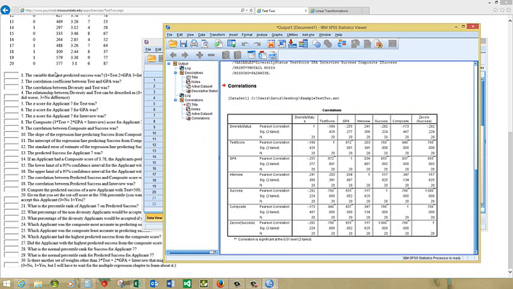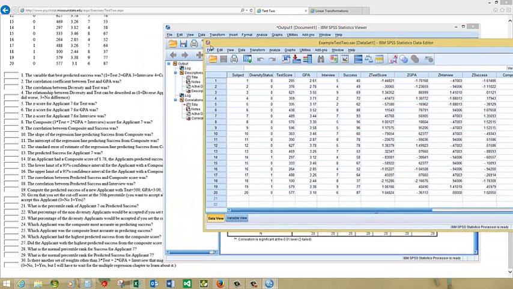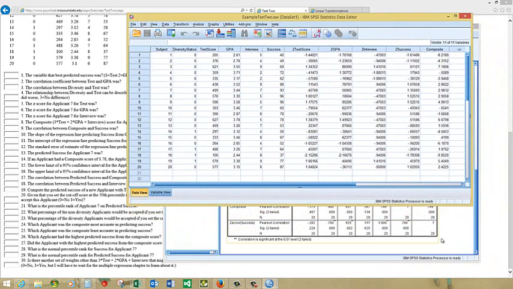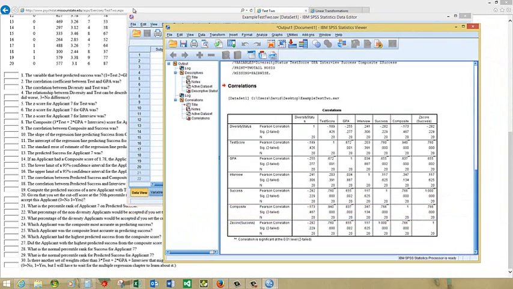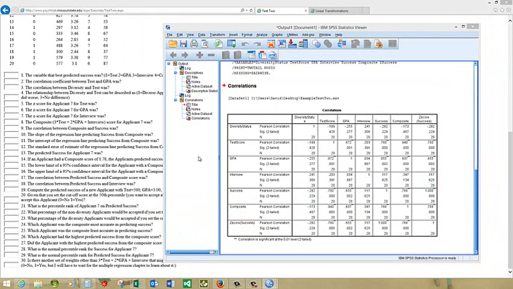Okay, the variable that best predicted success, and we've got a choice of 4. We'll take our data file and move it out of the way for a minute. The variable that best predicted success looks like it was test score and GPA come really high, but the composite is a little bit higher than all of them.